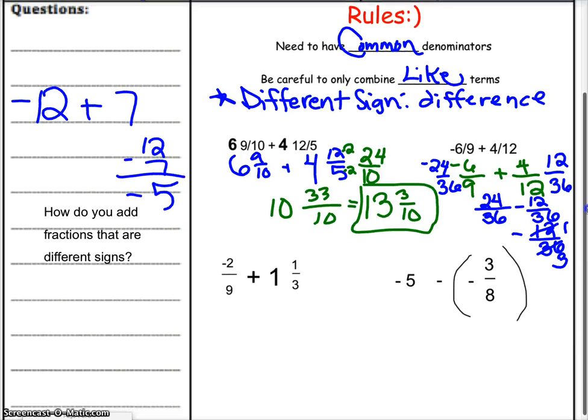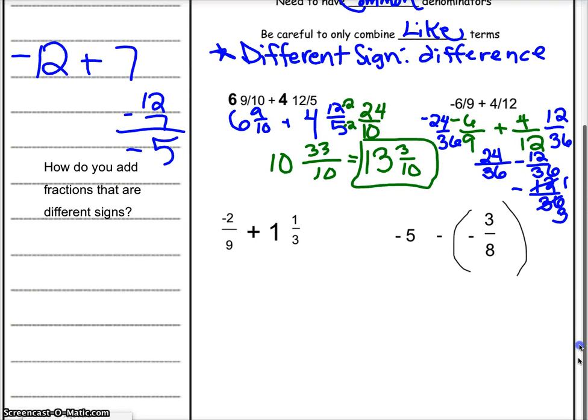All right, the next one, I get negative 2 ninths plus 1 1/3. What's my common denominator? 9. Thanks, 9 is definitely my common denominator. 3 times 3 is 9, 1 times 3 is 3. They're different signs. So do I add them or subtract them? Subtract.